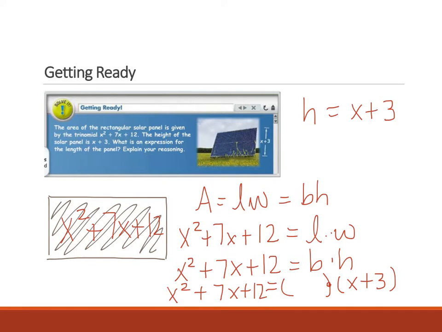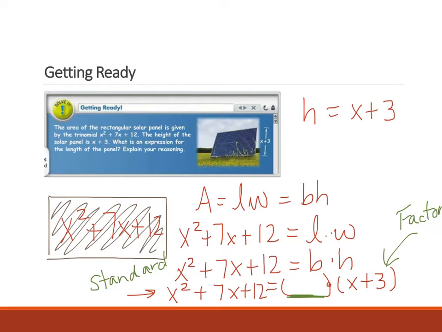Notice now that we're thinking about this in terms of a standard form trinomial, that's this one, versus a factored form, that's this one. And we just need to know, well, what is this other factor? So let's just think about it.